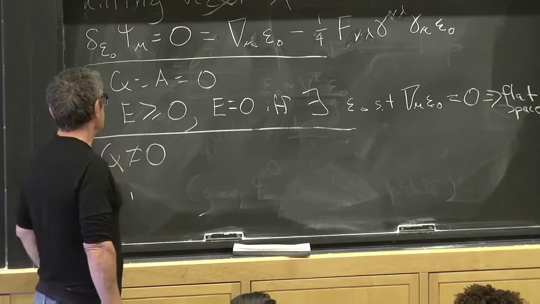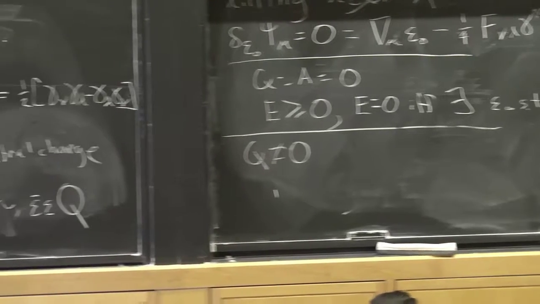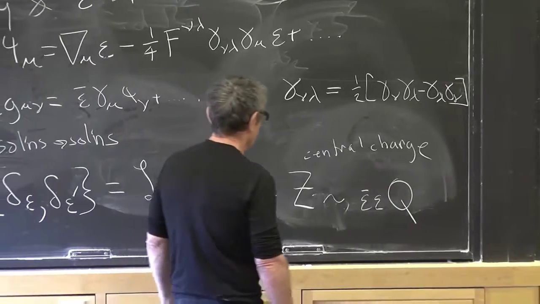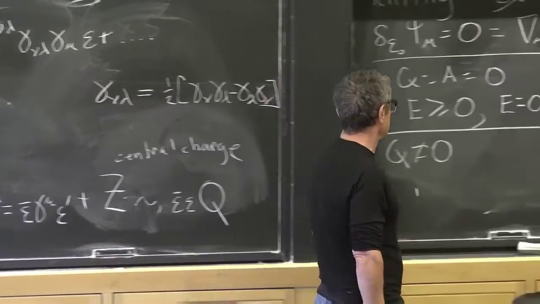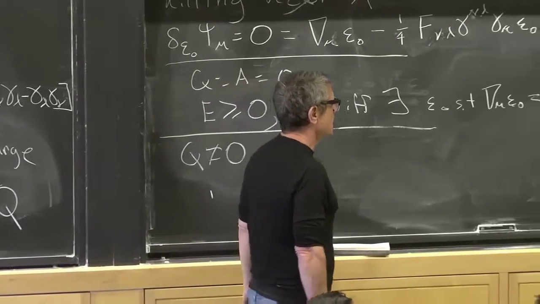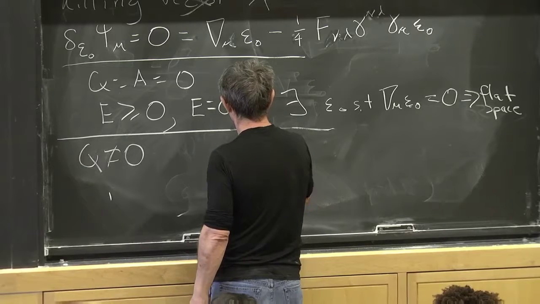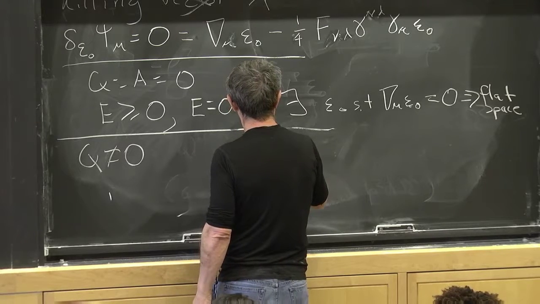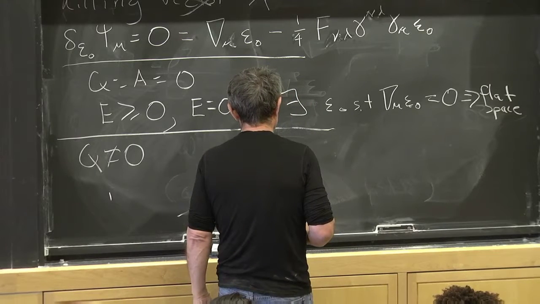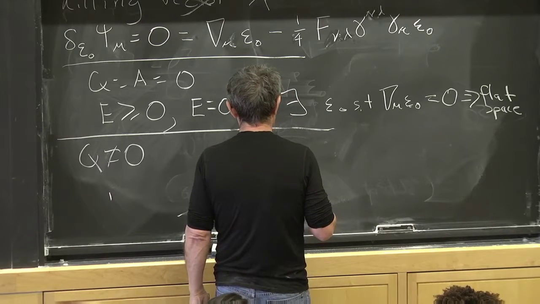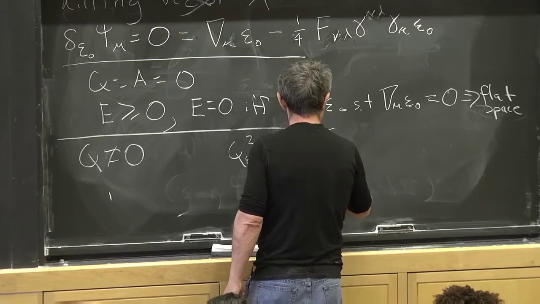So when Q is not equal to 0, this reduces to, so here we had Q epsilon squared equals H. But now we get a minus the charge here.